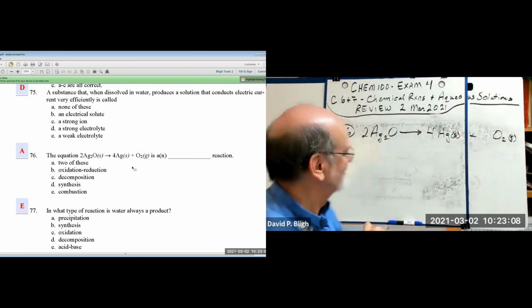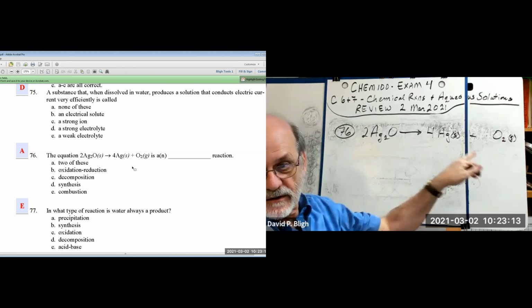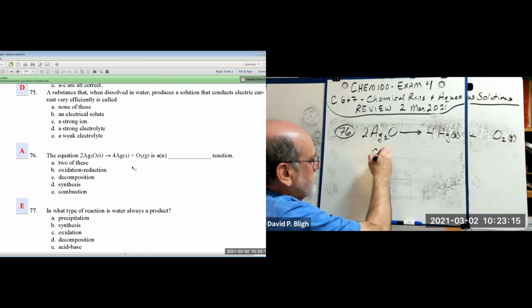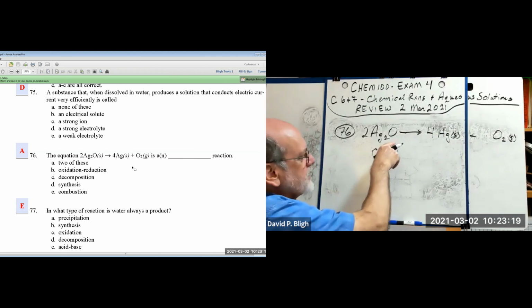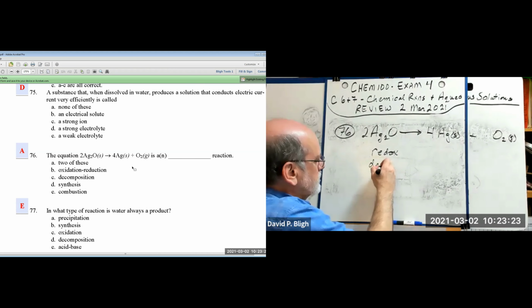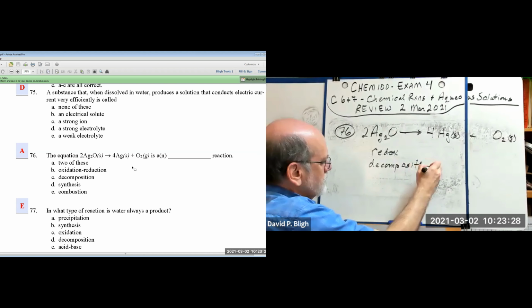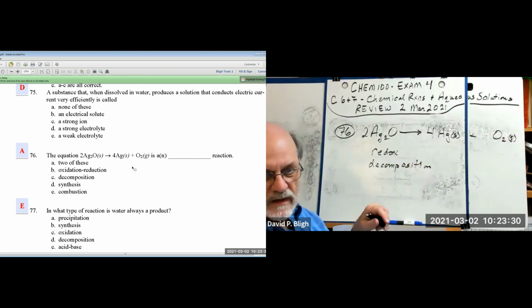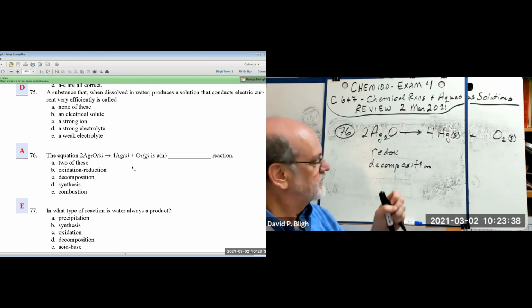All right. So what type of reaction is that? Compound to elements. It's a redox. Right? It's also going from complex to simple. It's a decomposition. Okay. That's all I get from that one. I can't see any other possibilities.